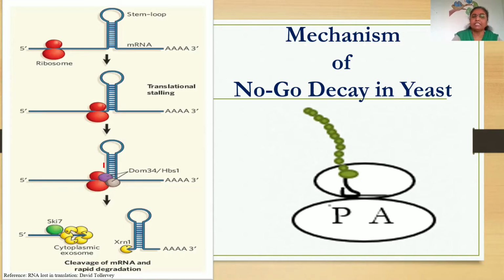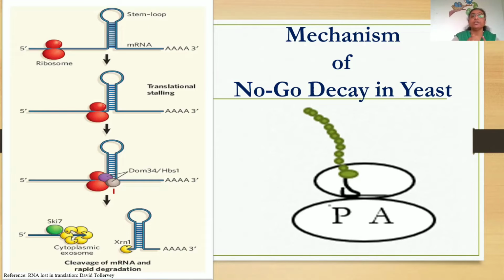As the A site here is empty, it is going to be recognized. When there is elongation of translation and the ribosome has been stopped, the A site is empty, and this is a signal for no-go decay. Means the no-go decay pathway is going to work where?